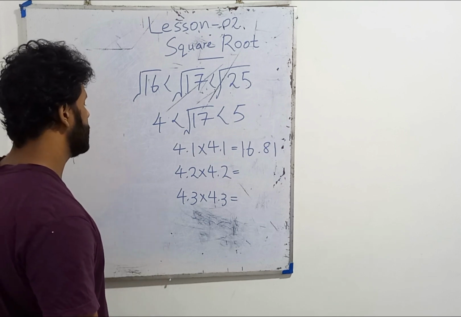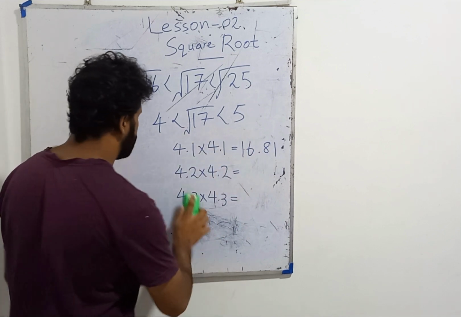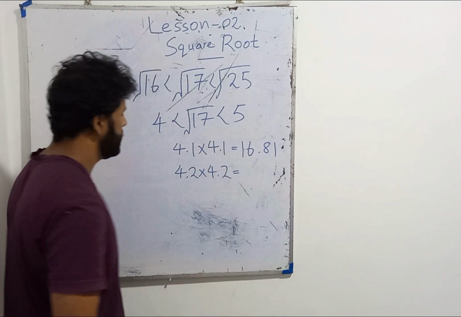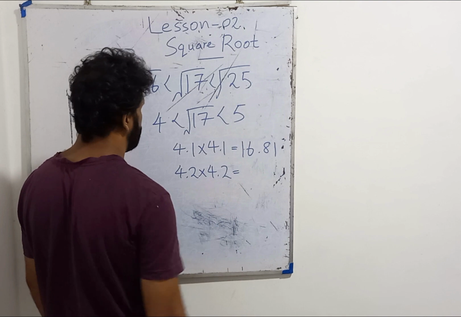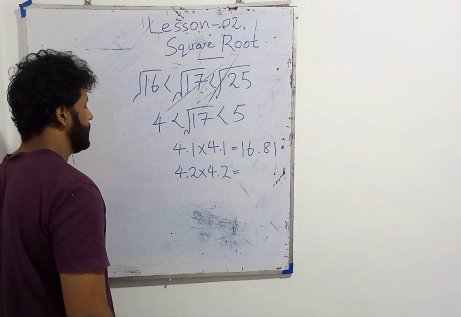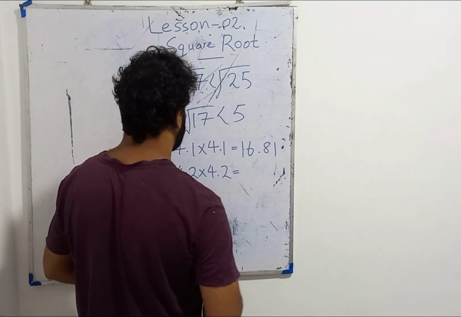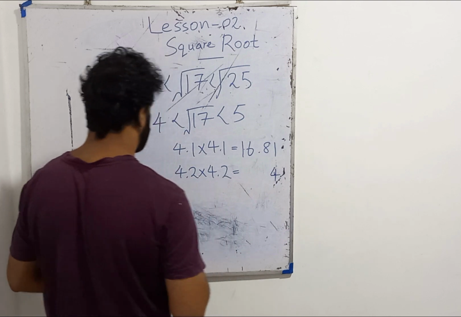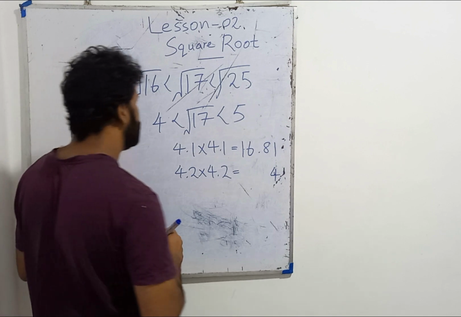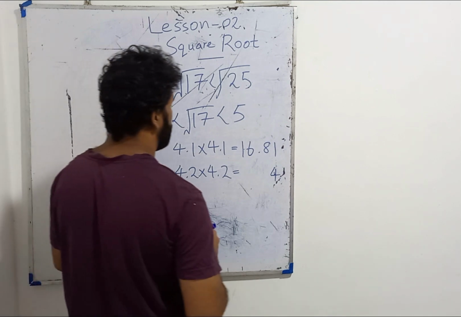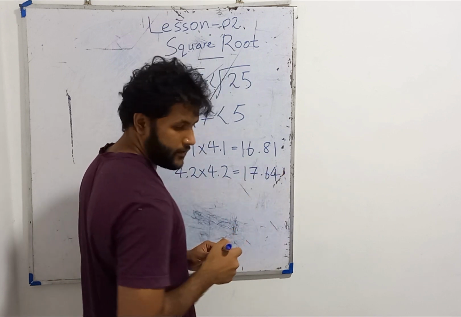Then 4.2 is going to be very close to 17. So we don't have to take 4.3. 4.2 into 4.2, that's going to be 42 into 2, 84, 8 remaining, then 168 and 8, it's going to be 176, 17.64.